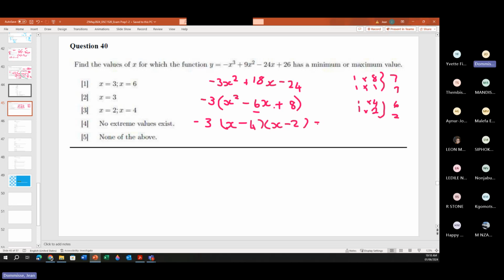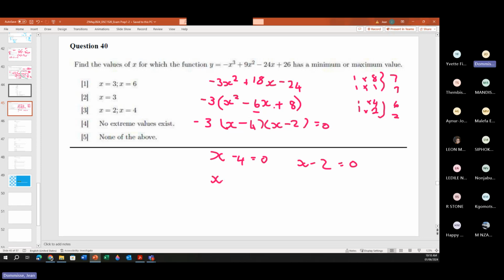And we need to work out minimum or max, so that must be equal to 0. So x minus 4 must be equal to 0, or x minus 2 must be equal to 0.